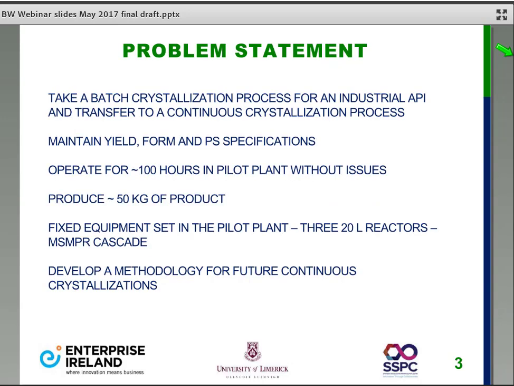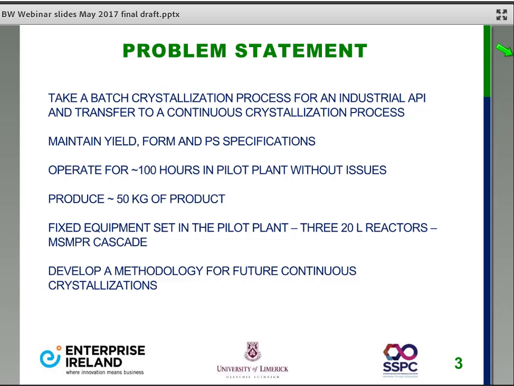So our problem statement: we want to take a batch crystallization for an industrial API, so a real-life API, not a model compound, and transfer that to a continuous crystallization process. We want to maintain the yield, form and particle size specifications from our batch process, and the plan is to produce about 50 kilograms of product over 100 hours in the pilot plant without any operability issues and meeting our specifications.